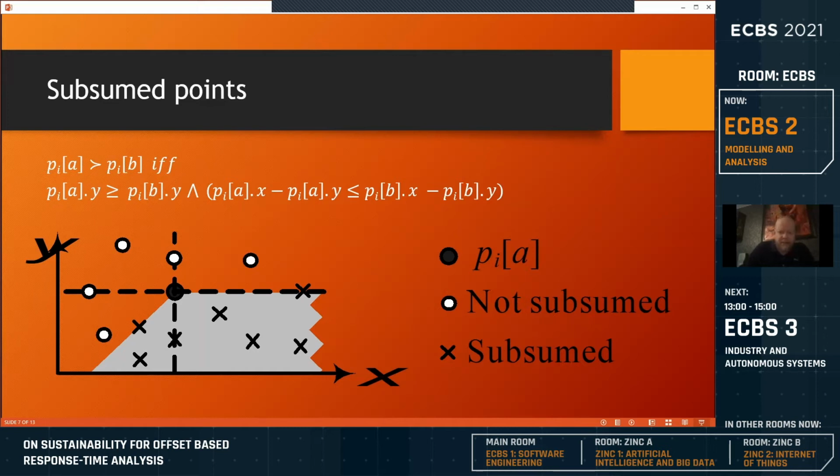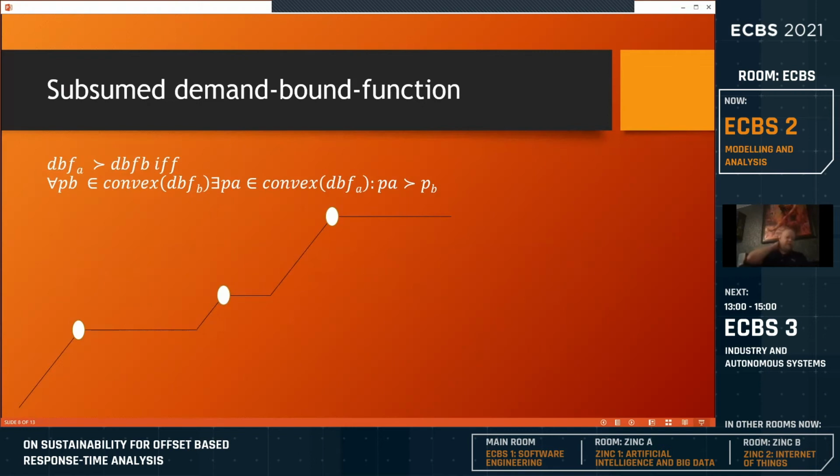And this is going to help us get to the definition of the subsumed demand bound function.